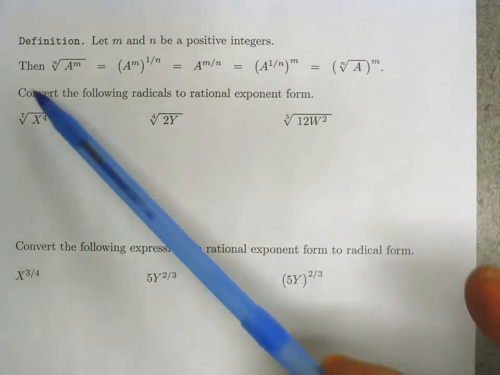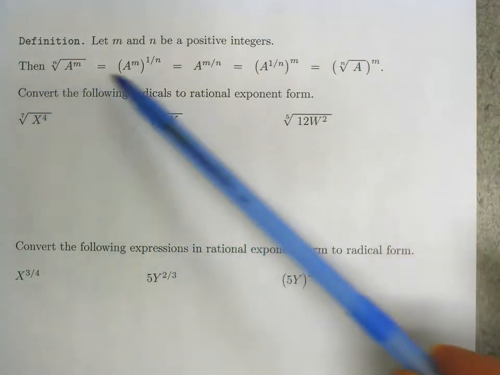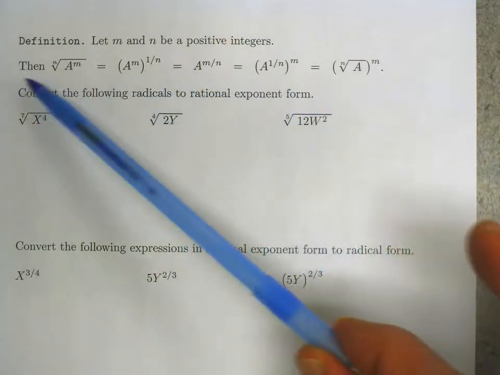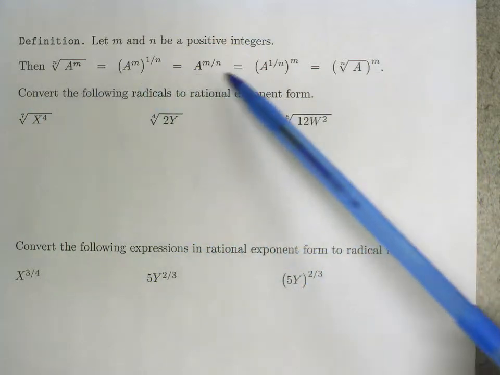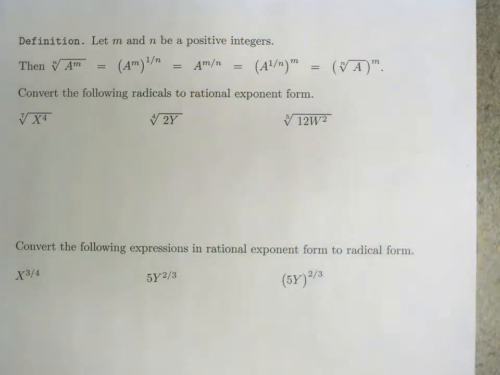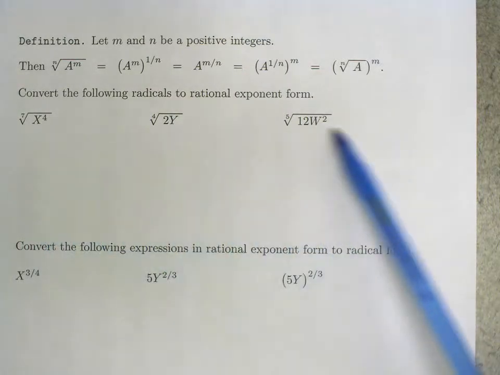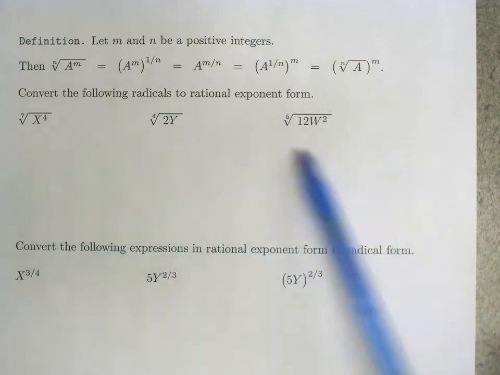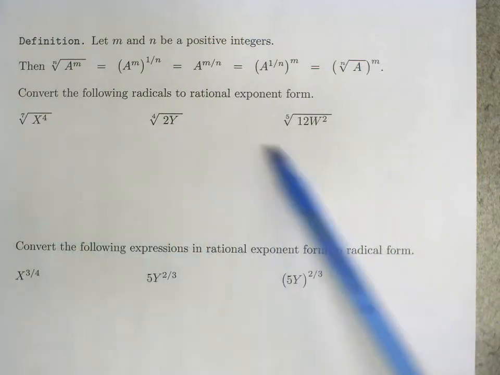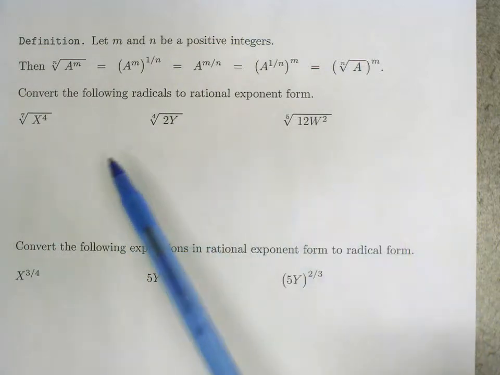Okay, so all we were doing is applying definitions and properties of exponents to get those equivalent expressions. So let's start converting these radicals. We'll stop with this example here in a couple of minutes.